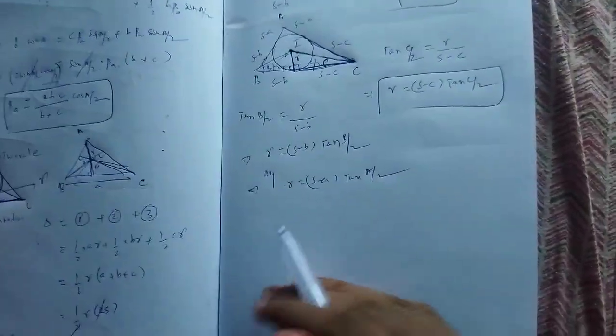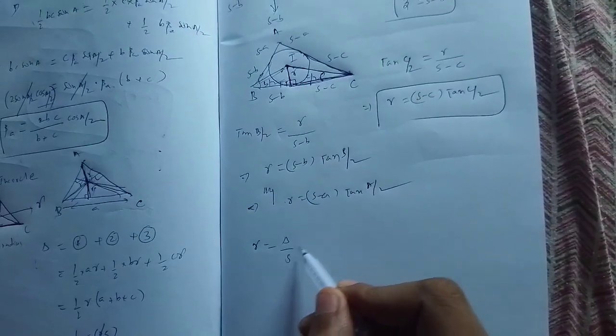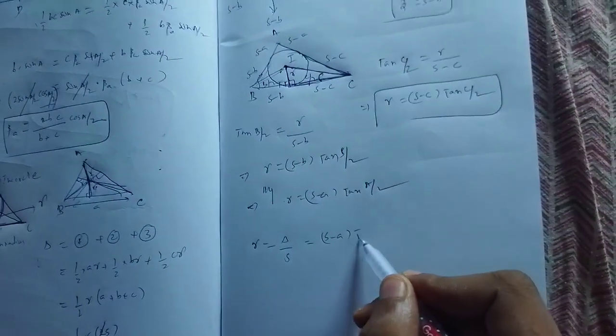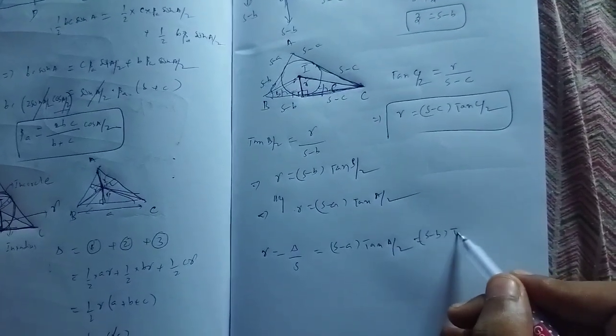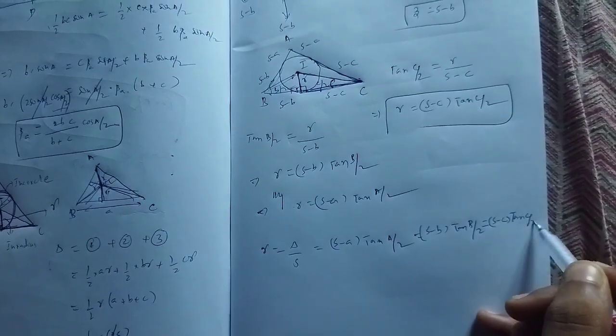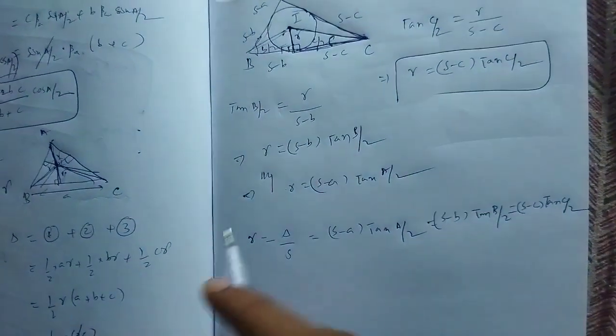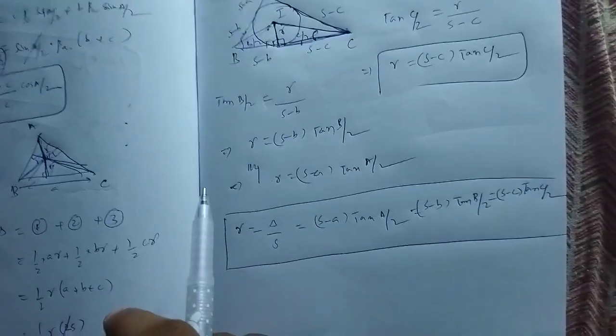So in total, we have r equal to delta by s, equal to (s minus a) tan A by 2, equal to (s minus b) tan B by 2, equal to (s minus c) tan C by 2. These are all the formulas for inradius.